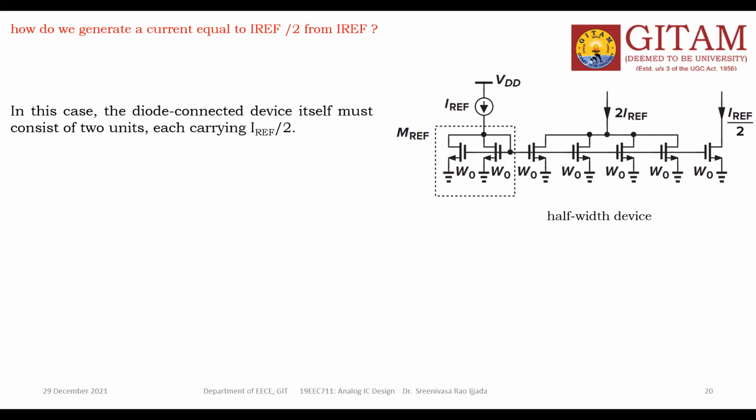Twice the I reference. And at this point, we need half of the reference cell. So here the two transistors are all equal, all having the same sizes, identical transistors, each carrying I reference by 2. So at the end, to get I reference by 2, only one transistor is enough. Clear? So this is the concept we are using.